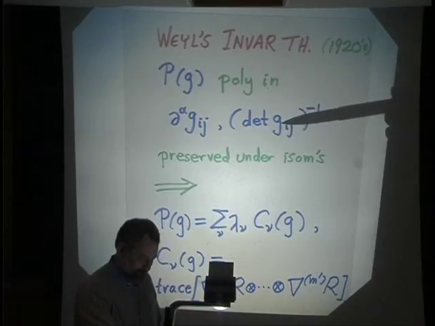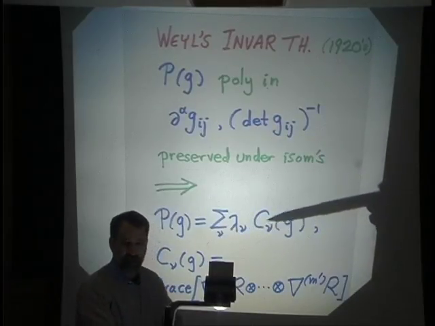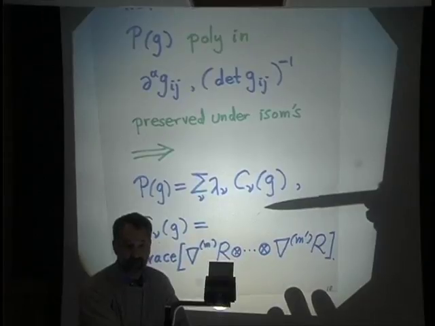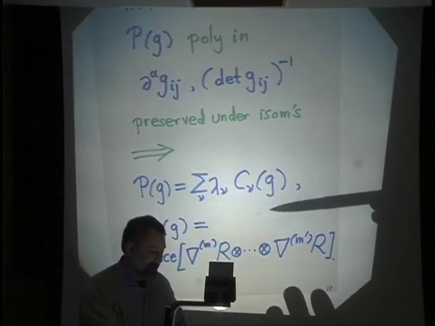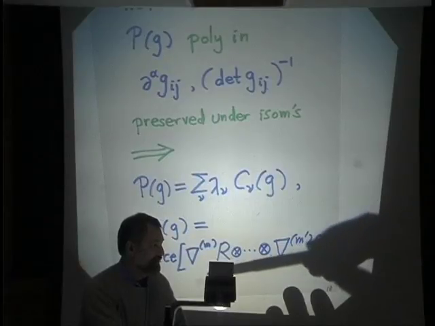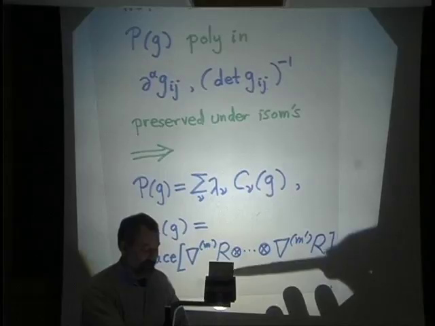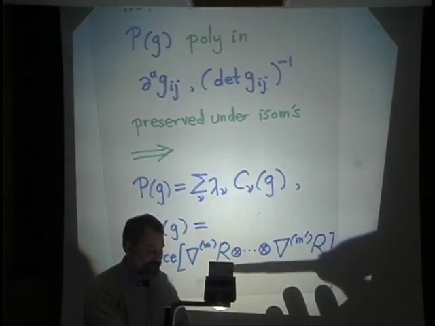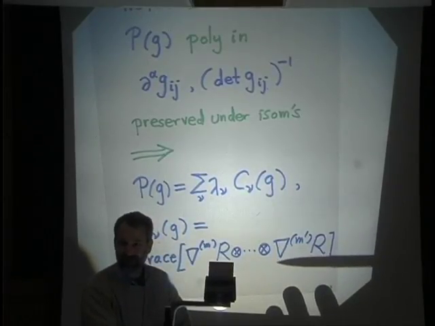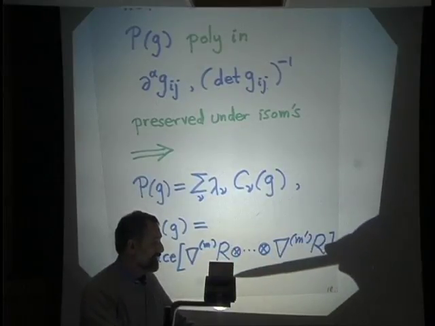And according to Hermann Weyl, this P is simply a linear combination of something whose invariance under isometries is very obvious, namely contractions of tensor products of covariant derivatives of the metric tensor. I'm sorry, of the curvature. So we take the full curvature tensor, and we possibly take, let's say, its 11th covariant derivative.